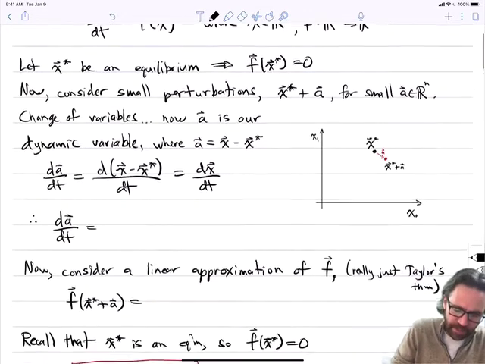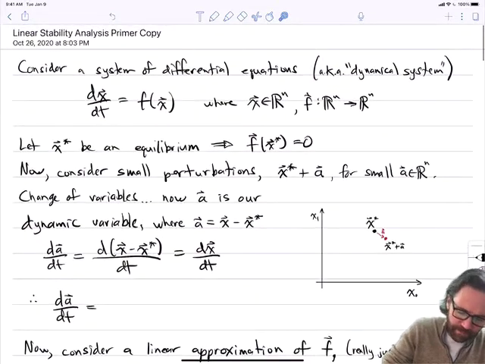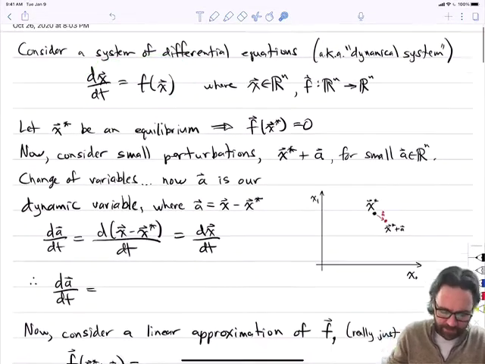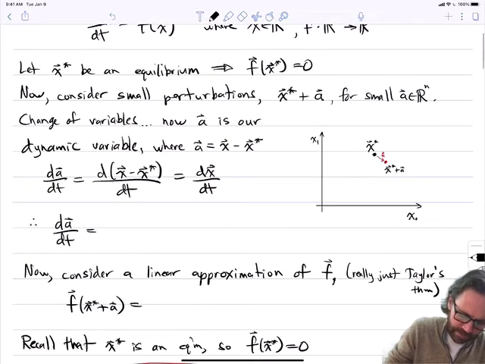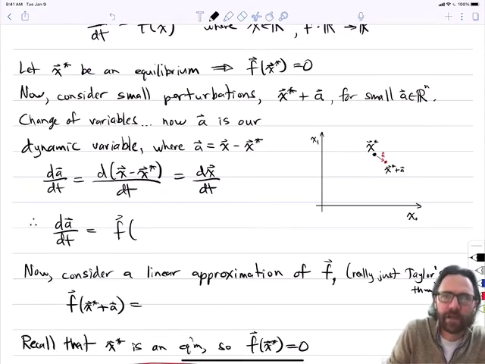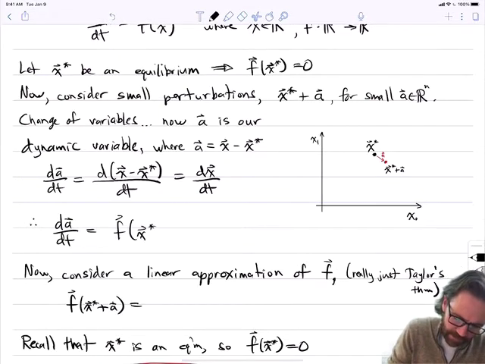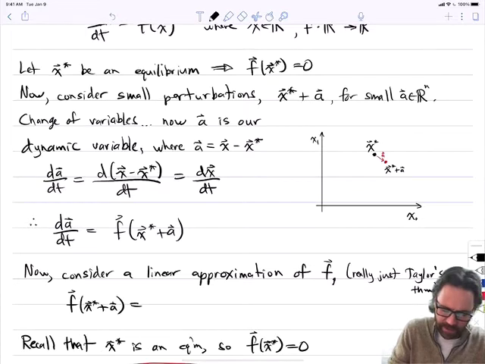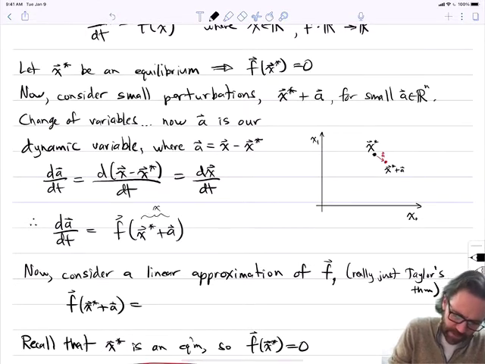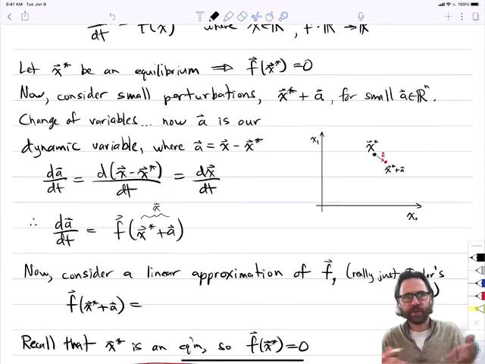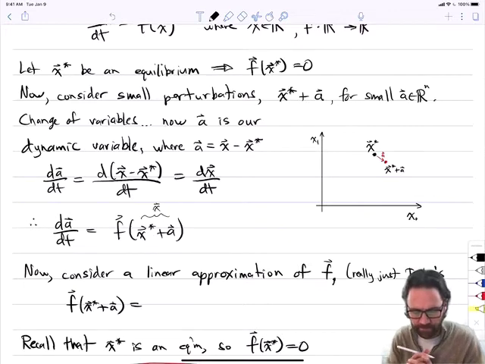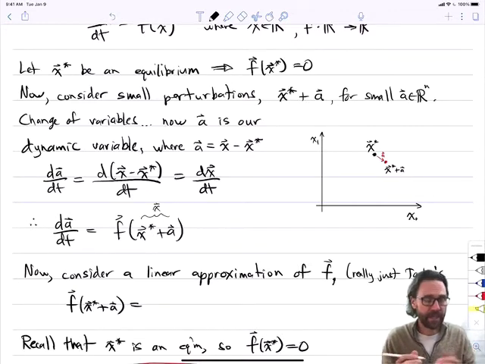So I'm rewriting this thing up here now, but in terms of A. So dA by dt is f of x star plus A, right? This was x, and I just replaced it with the version that has the A in it.